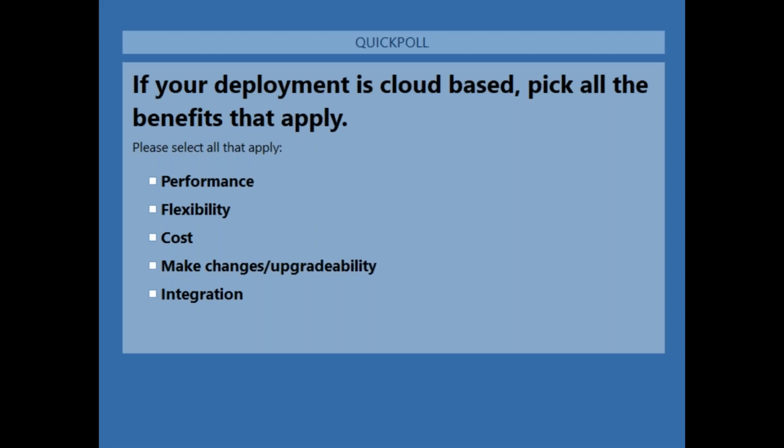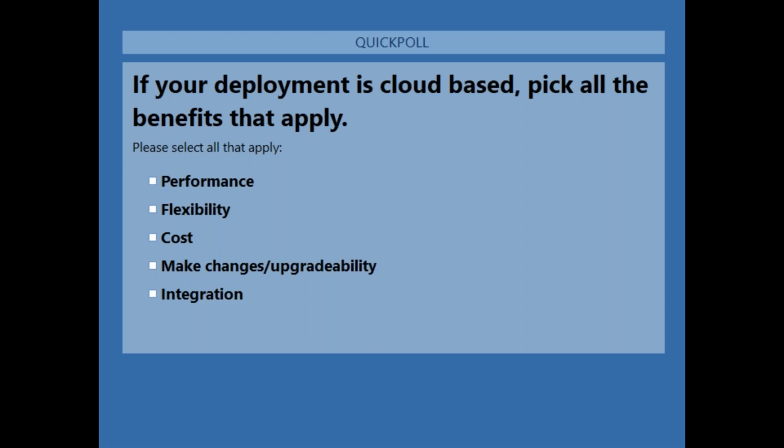If you are cloud, I'd be curious to see where you feel you're getting benefits from your cloud deployment. And then the next poll right after is for the folks that are on premise, asking where you see the benefits, because everybody that spoke today has highlighted the fact that depending on the requirement, there are benefits to the situation.